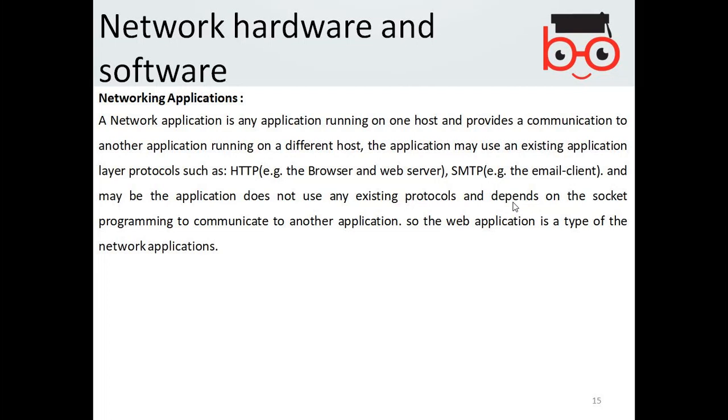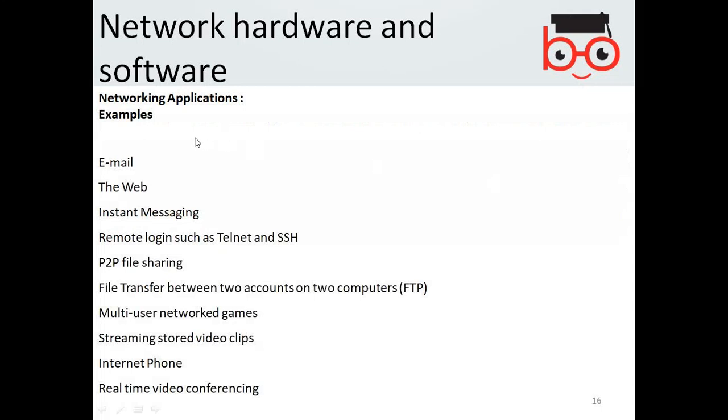So, for your network, you need application software. Examples of networking applications can be email. Email is a network application software and would be passed through the 7 layers of the OSI.